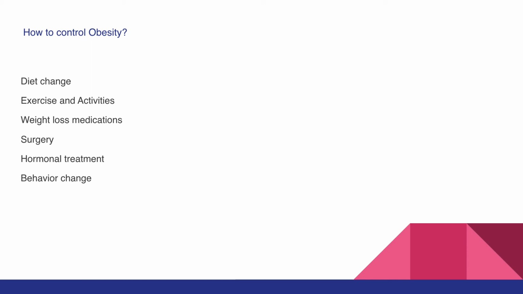Hormonal treatments can help you lose weight, because you can treat the hormones, and that can help you lose weight. Behavior changes. Some people just continue eating, and it's their behavior that they just want to eat. That needs to change if you want to control your obesity.